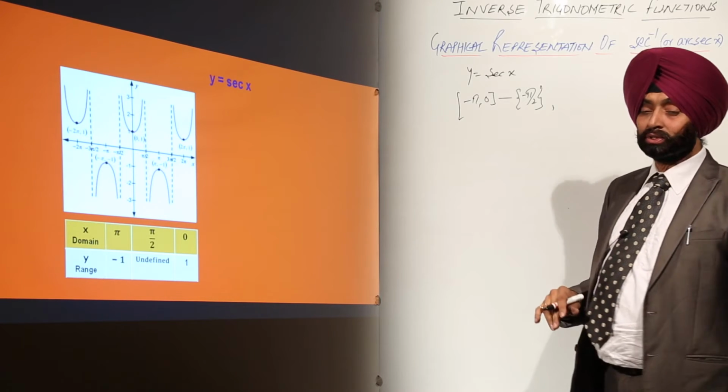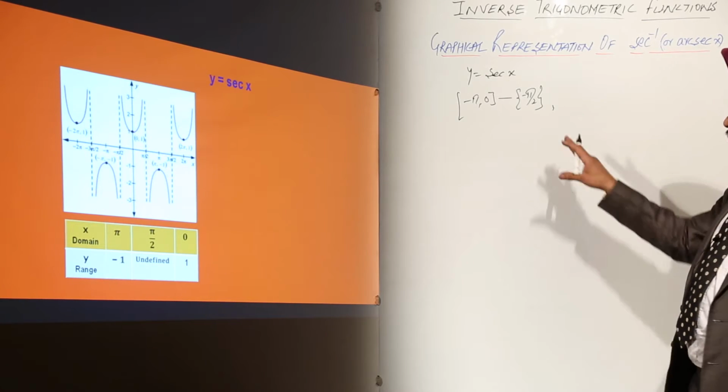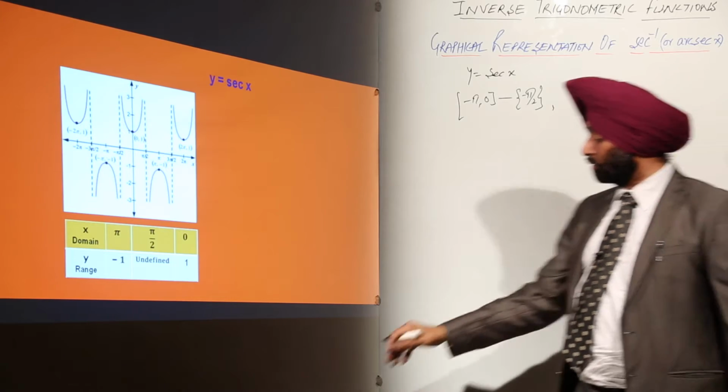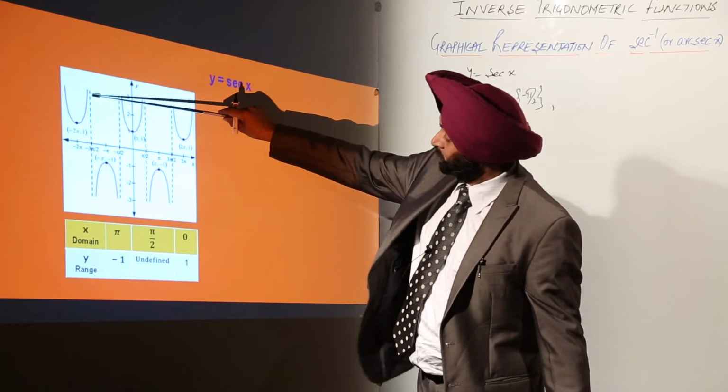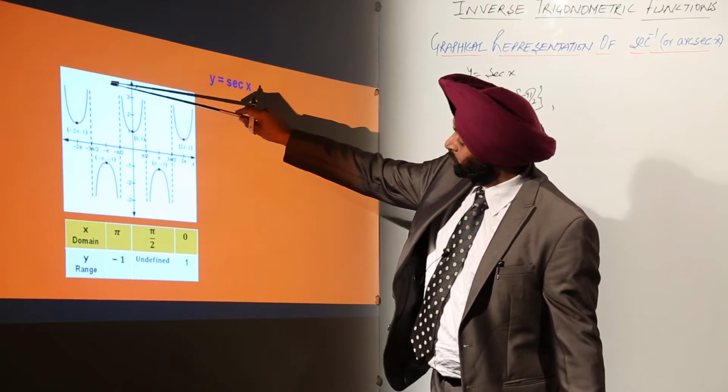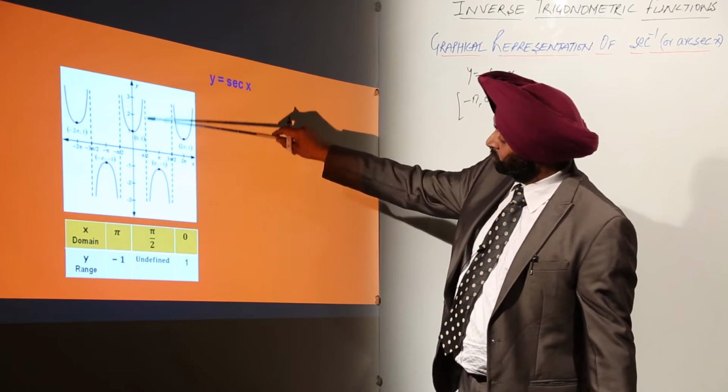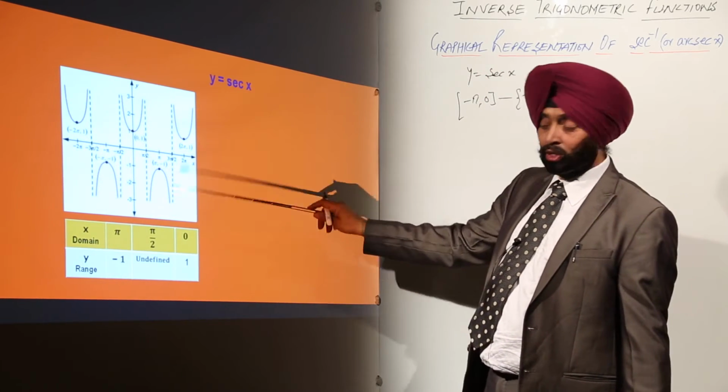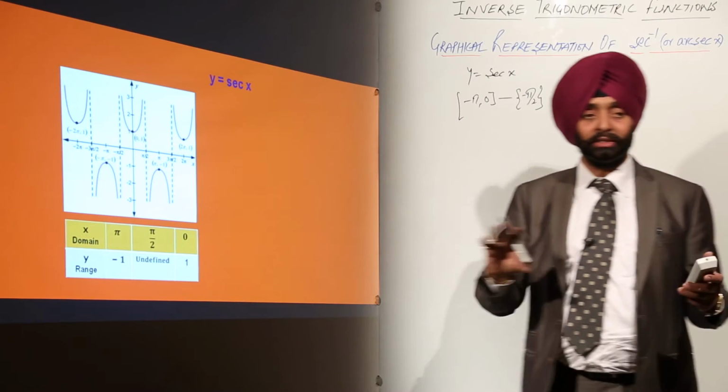As you can check, these lines are for minus 3 pi by 2, minus pi by 2, then pi by 2, then 3 pi by 2. So we are not going to use these lines.